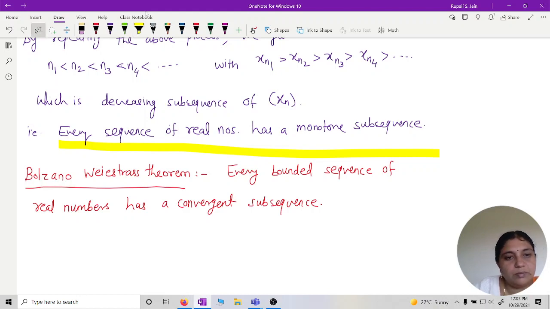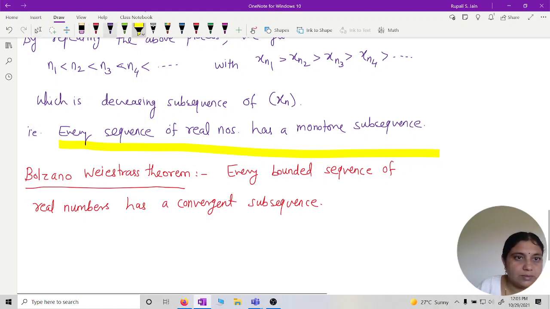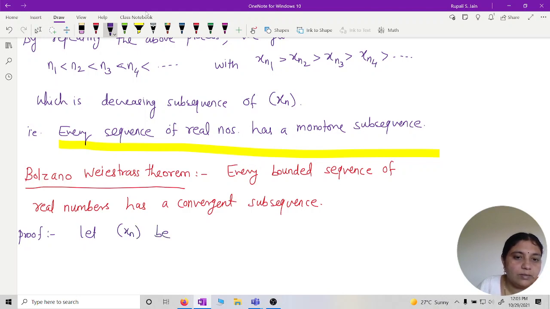So can you tell me the proof now? Already we have proved 90% of it. Let xn be a bounded sequence of real numbers. Then it will have a monotone subsequence.